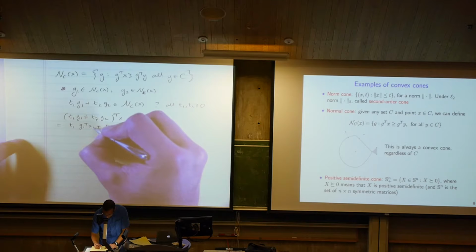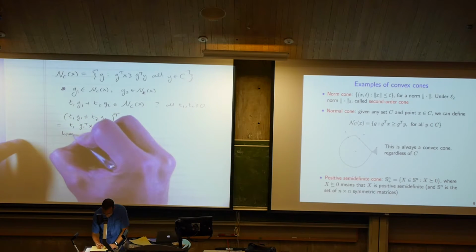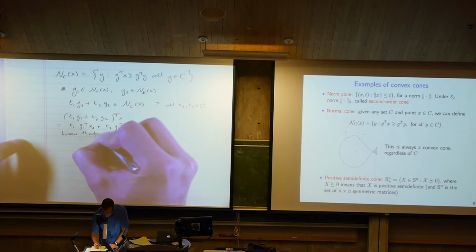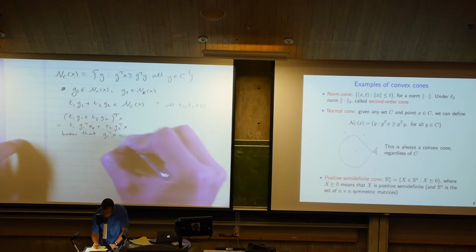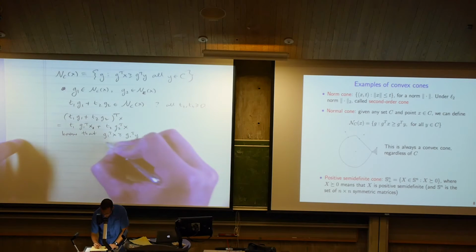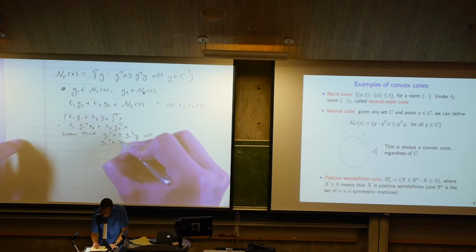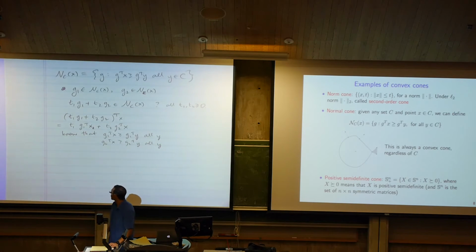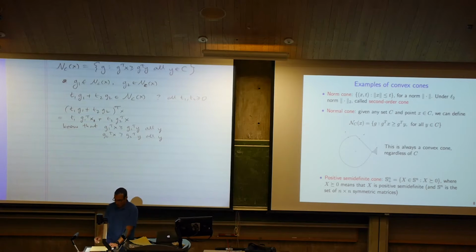Now I actually know that this is true. Sorry about that. We know that G1 transpose x is bigger than or equal to G1 transpose y for all y, and also G2 transpose x is bigger than or equal to G2 transpose y for all y. We know that those properties are true because G1 and G2 are both in the normal cone.